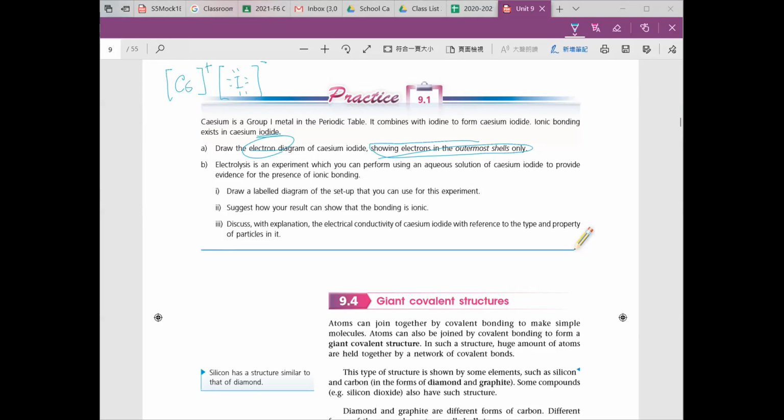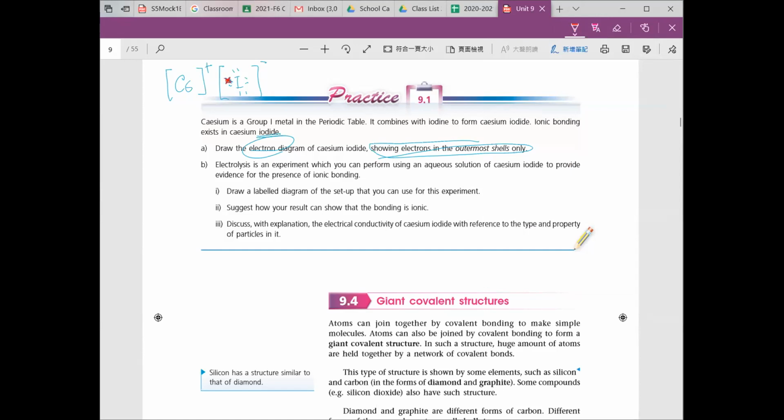Now, how would you show it? Some electrons are from the cesium atom, so you need to mark a cross, X. Just one cross. So that cross is very important. It tells you this is from somewhere, not from iodine.